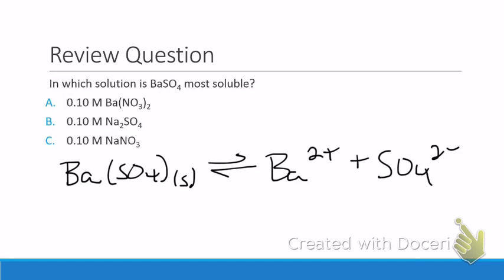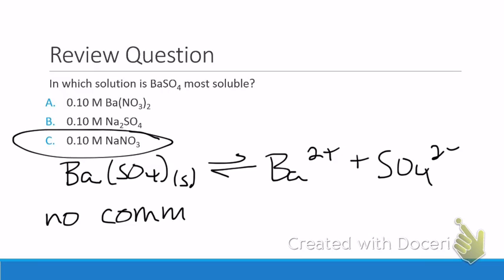So the common ion effect tells us that a solid will be less soluble when a common ion is present. So we want to look for things that do not have either barium or sulfate present, and that leaves us with only C, sodium nitrate, and that will be the most soluble because there is no common ion effect there.